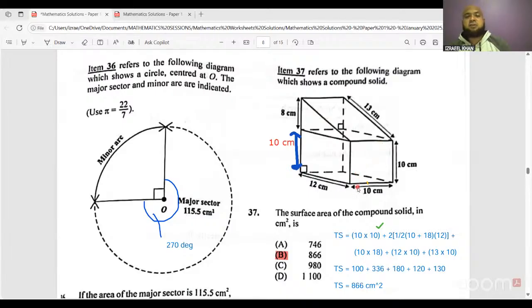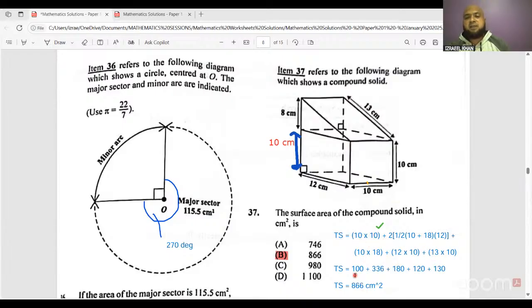We've got to make sure that we don't lose track of what we're doing. We found the area of this front. We found the area of the left side and the right side. We found the area of the back face. Now we're going to do the bottom part. The area of the bottom will be 12 by 10. And then finally, we're going to do the slanted face, which is 13 by 10.